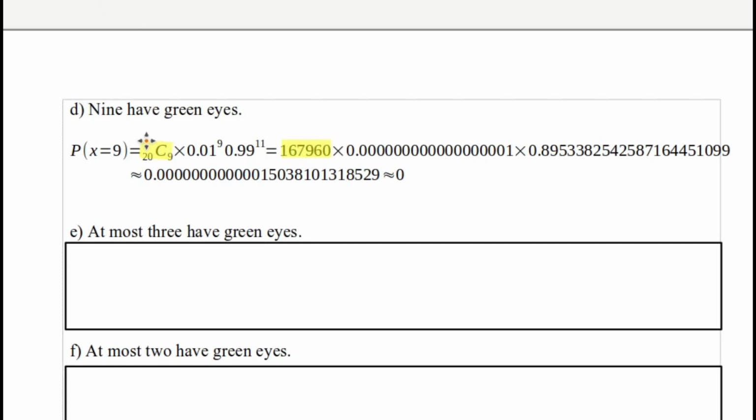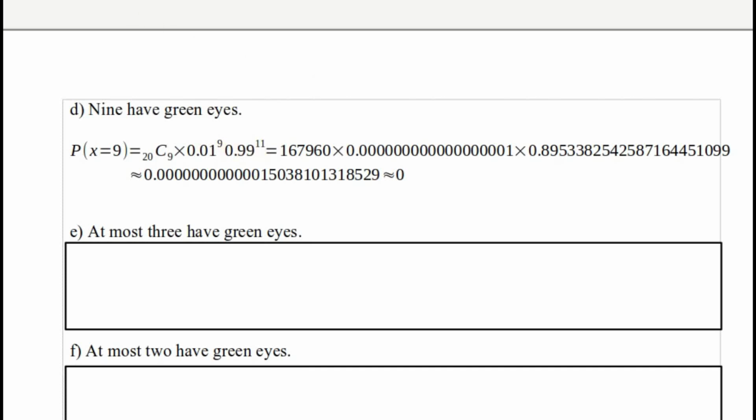And then we're interested in computing the probability that those 9 folks do have green eyes. So that is 0.01, the probability of having green eyes in any one randomly selected person, raised to the 9th power. And then, of course, for the other 11 folks, 0.99, the probability of not having green eyes in a single trial for those 11 other folks.